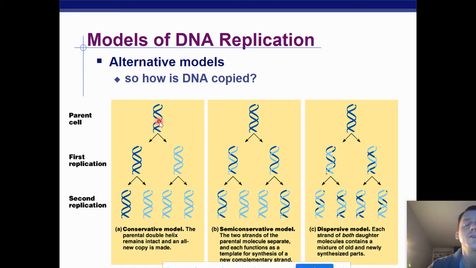So the conservative model says that this initial piece of DNA is going to separate, and it's going to serve as a template. And then the two original strands are then going to come back together. So the two old strands are going to come back together, and the two newly created strands are going to come back together.